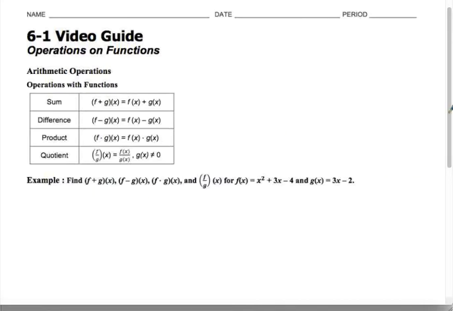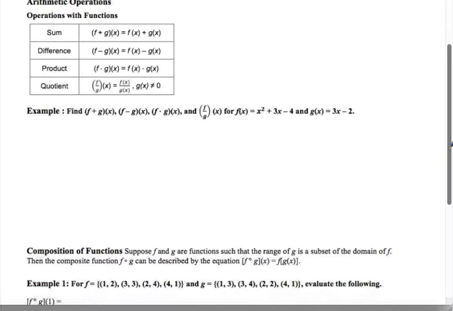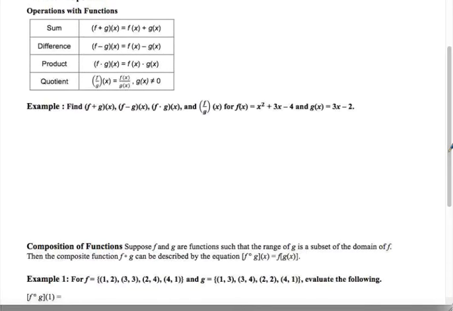So here I'm going to find f plus g, f minus g, f times g, and f divided by g for these two functions, f of x and g of x.